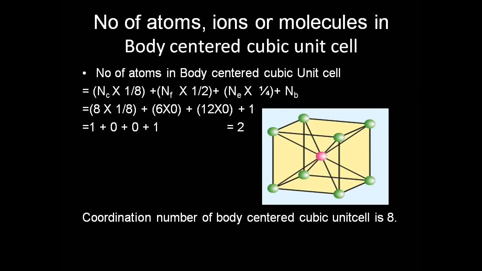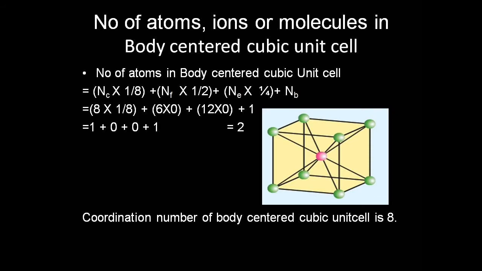To calculate the number of atoms in body center cubic unit cell, we are going to use the same formula. But first of all, see the diagram. In this diagram, inside the unit cell, that means body, contains one atom, and around that atom, corners contain atoms. So here we have atoms in corner and body.